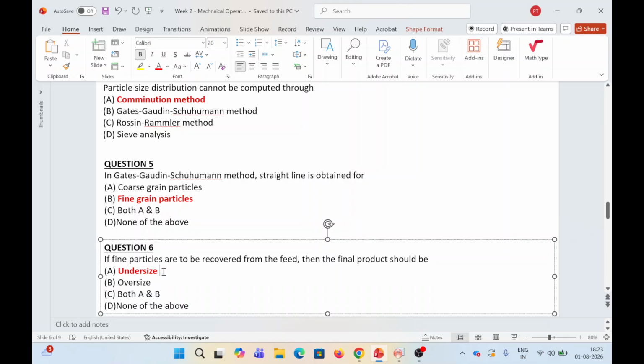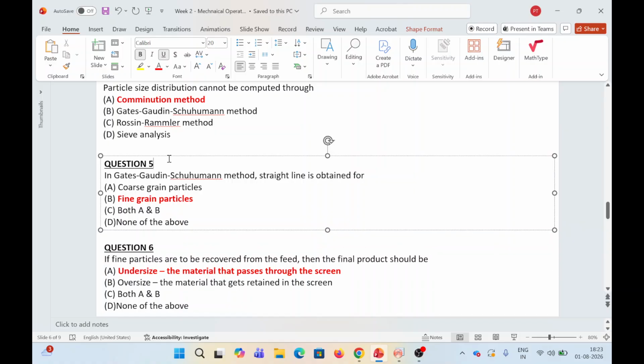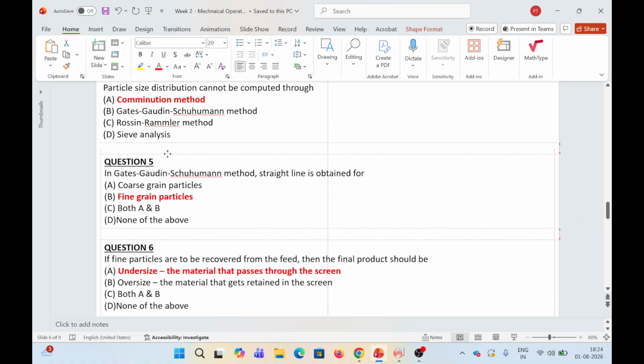Undersize is the material that passes through the screen, and oversize is the material that gets retained, the reject. Okay. So I think there are probably no doubts with respect to this question.